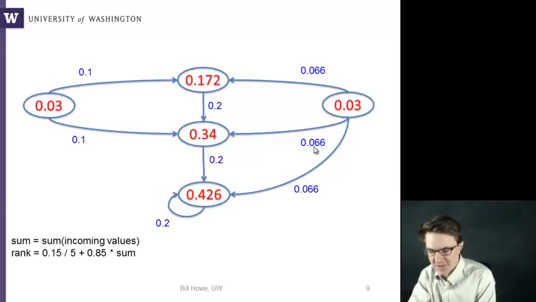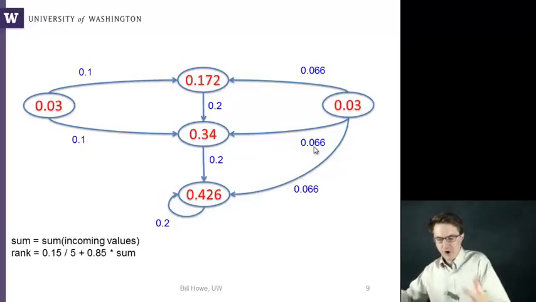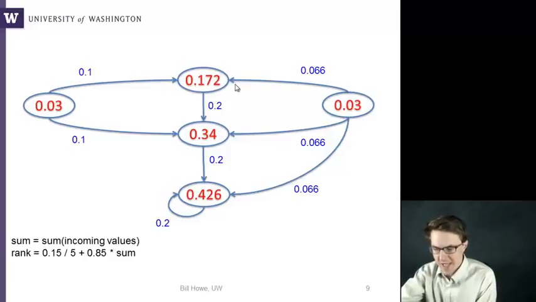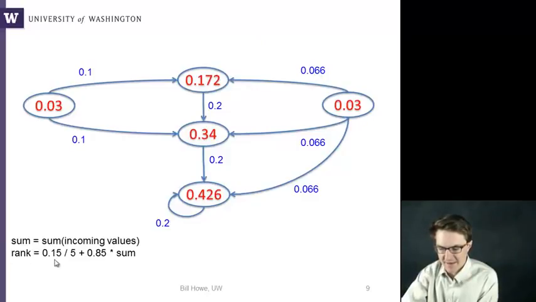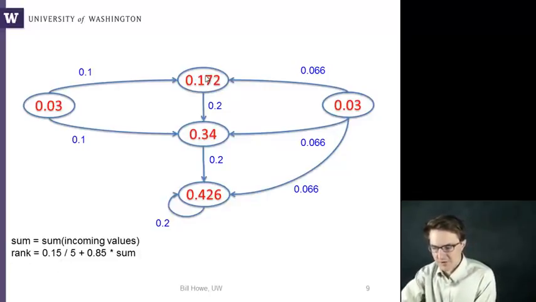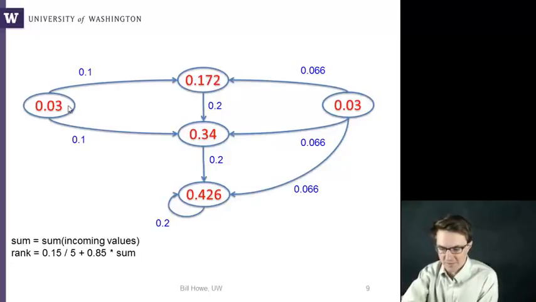Then on the next superstep, all those contributions are added up. And so here we add 0.1 and 0.066, multiply by 0.85, and add in 0.03, because that's our formula, and we get 0.172. And we do the same for all the other nodes. Now, this one's a little funny.